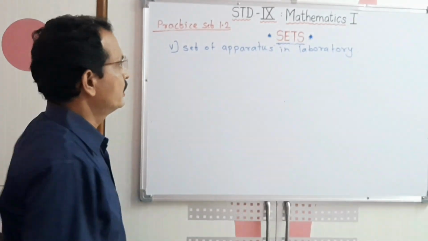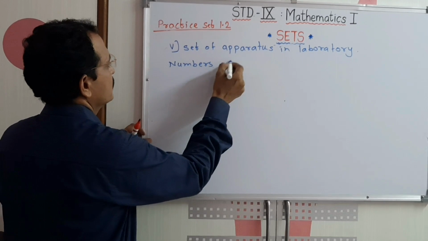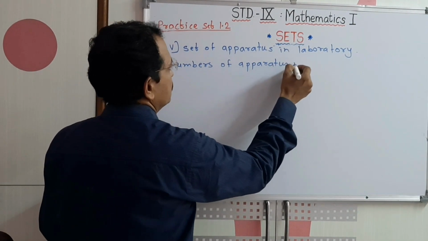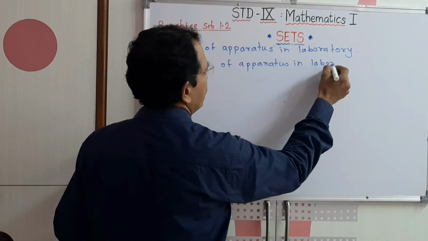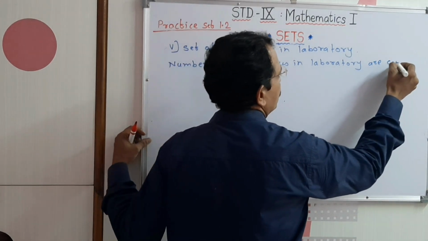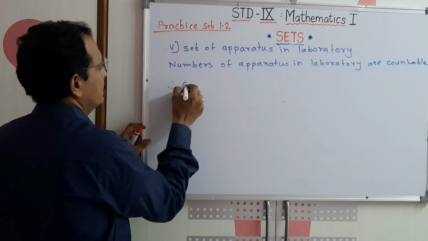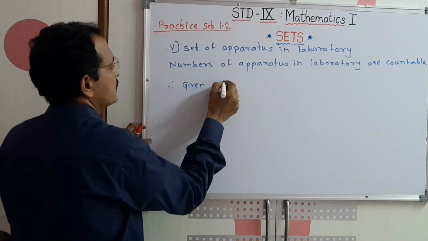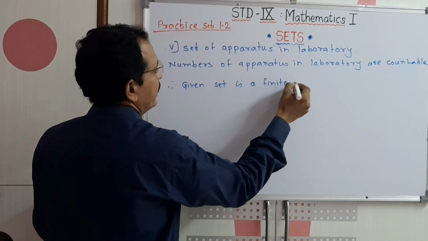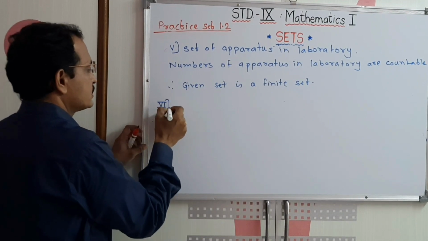We know that, therefore the number of apparatus in the laboratory is countable, therefore the given set is a finite set.